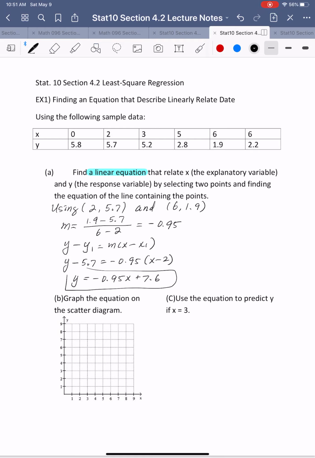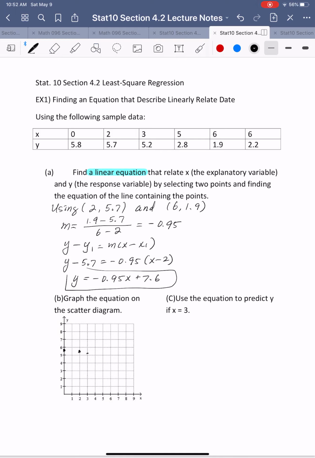Okay, now I'm going to graph the equation on the scatter diagram, so I'm going to plot it in. So 0 is about 5.8, and 2 about 5.7. And 3 about 5.2.